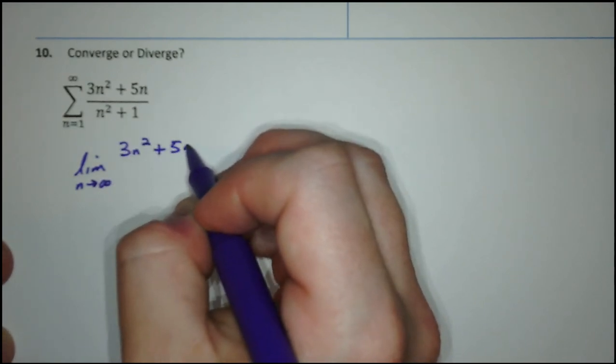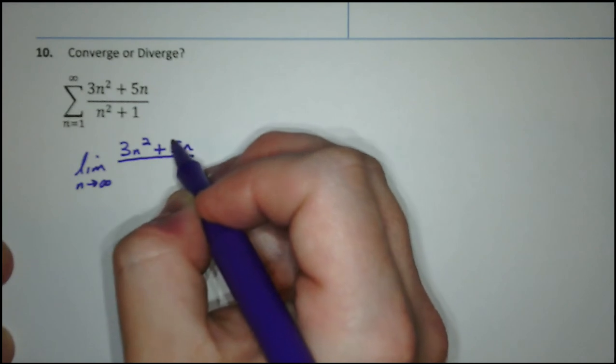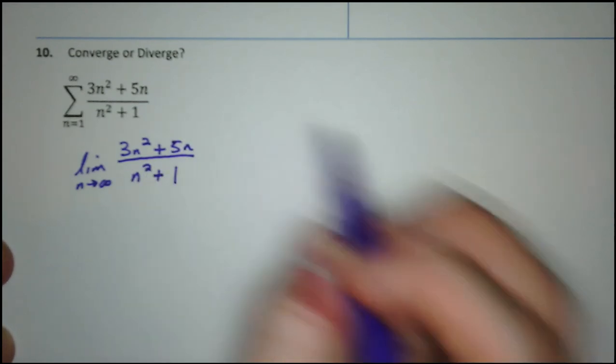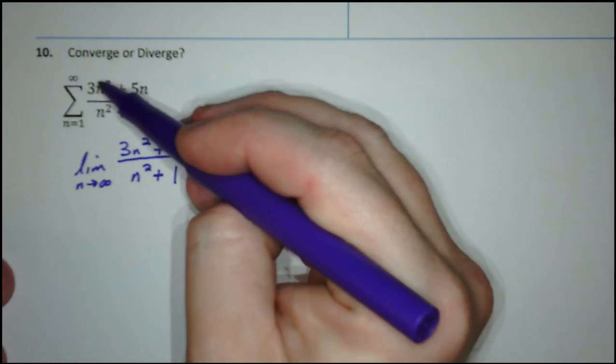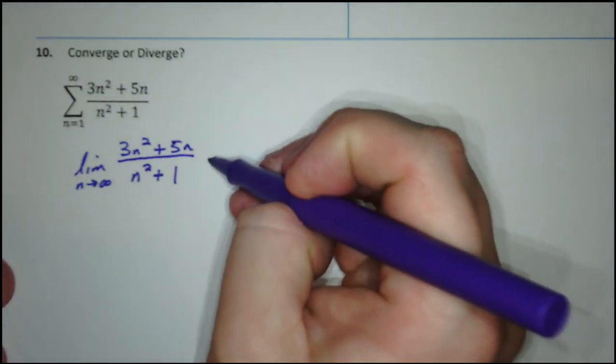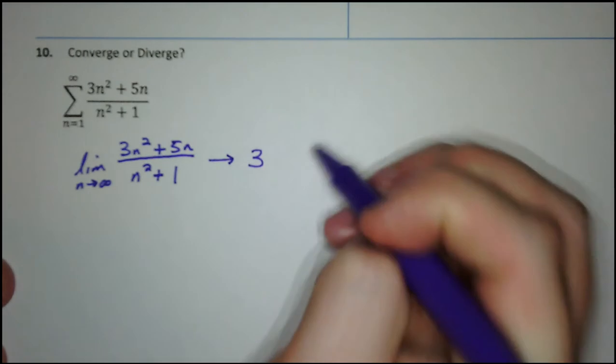So let this be a lesson to you. Don't forget about the nth term test, people. If you just look at what these terms are doing, what are the terms limiting to? 3.